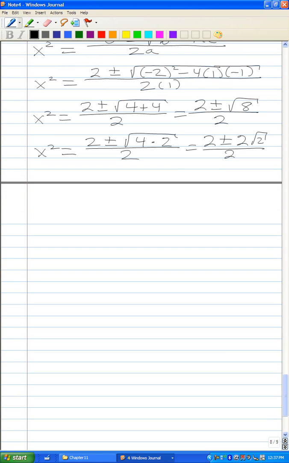And so I can write x squared as 2, 1 plus or minus rad 2, over 2. The 2's cancel. And so I get 1 plus or minus rad 2. And so that's x squared.